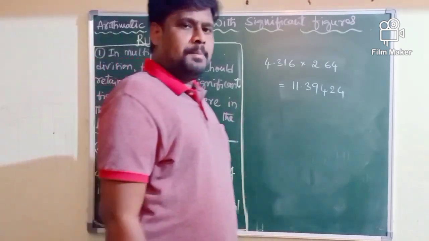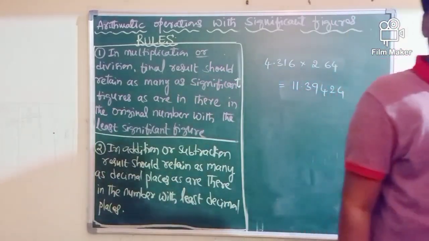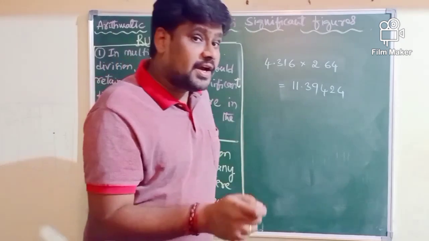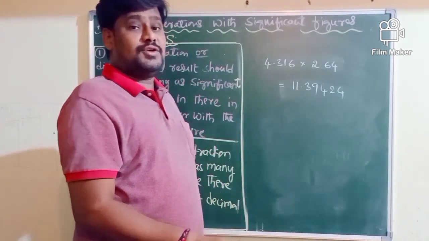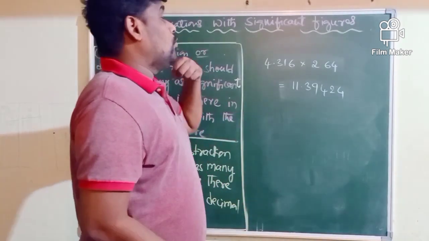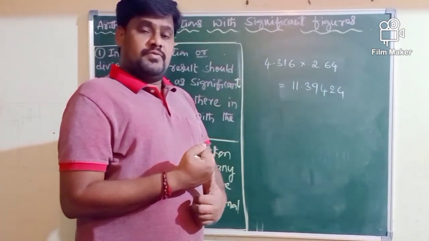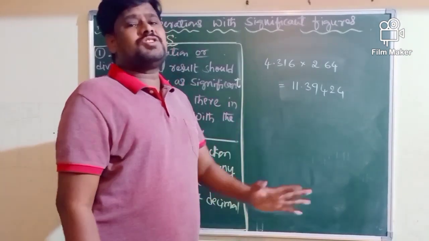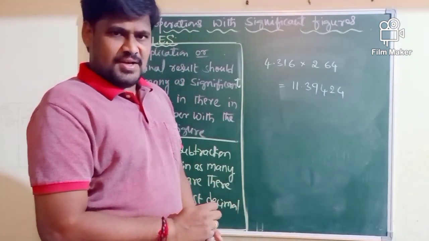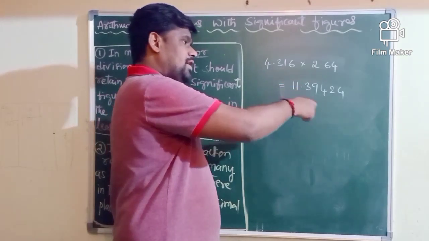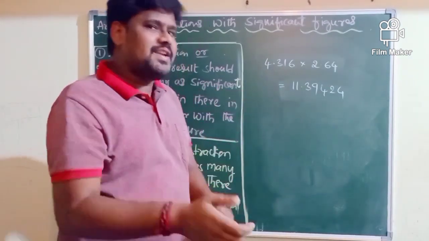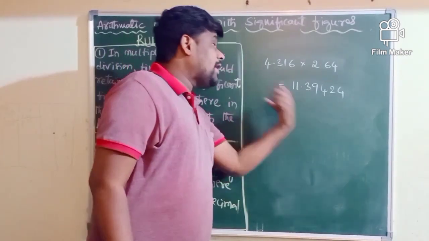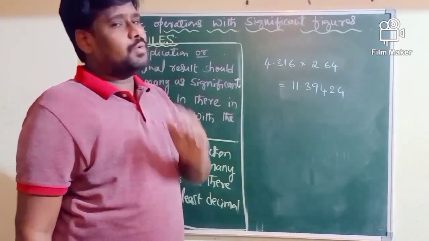When you are multiplying or dividing any measurements, the number of significant figures in the final result should be equal to the original number which has the least number of significant figures. Original number nalli yav number du kadime significant figures iರ್ತವೆ ಅಷ್ಟೇ significant figures final result ನಲ್ಲಿ ಇರಬೇಕು ಅಂತ ರೂಲ್ ಇರುತ್ತೆ.